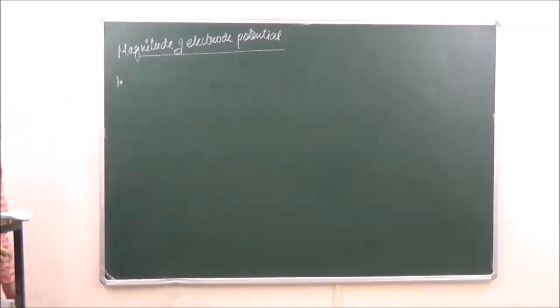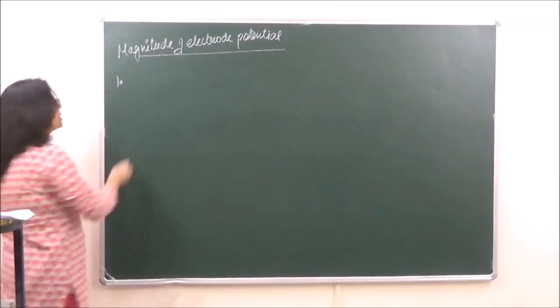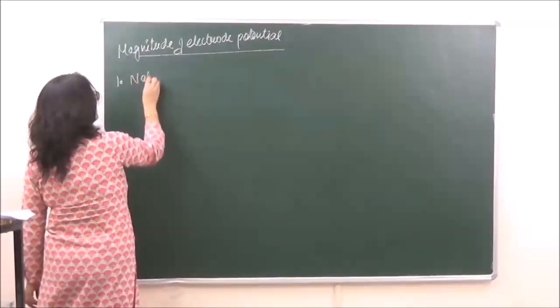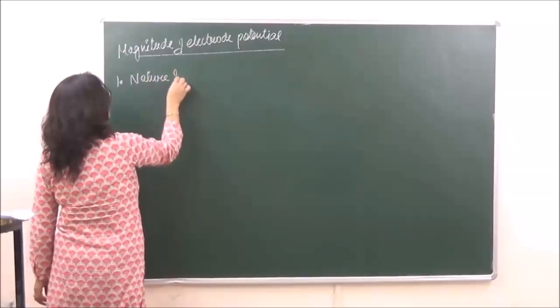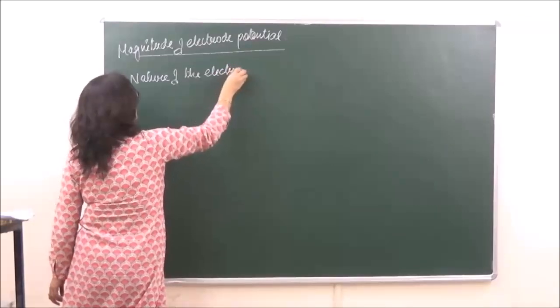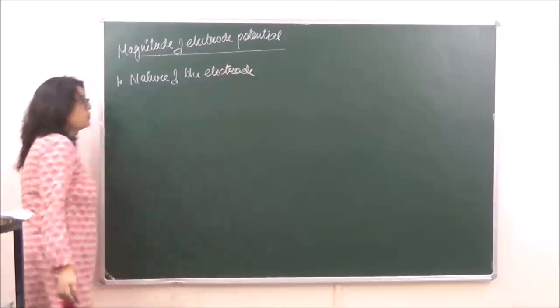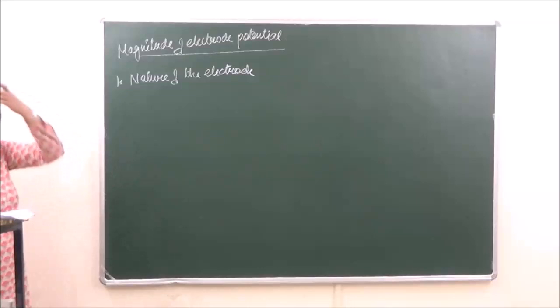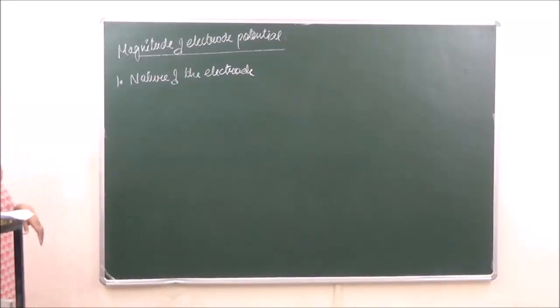The first one is the nature of the electrode, which means which has a tendency to gain electrons and which has a tendency to lose electrons. On that nature, the electrode potential is going to depend.